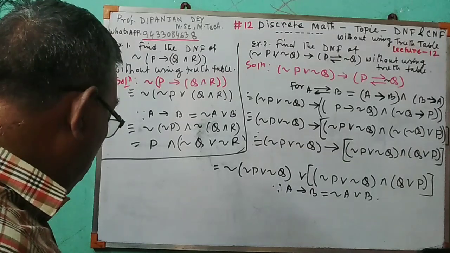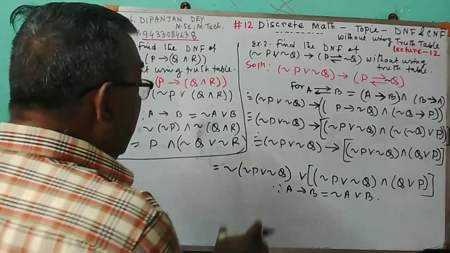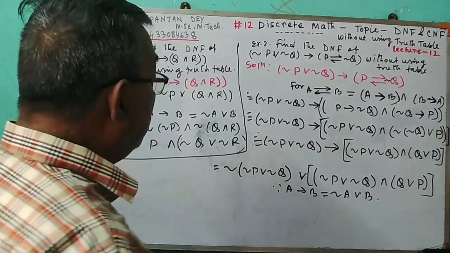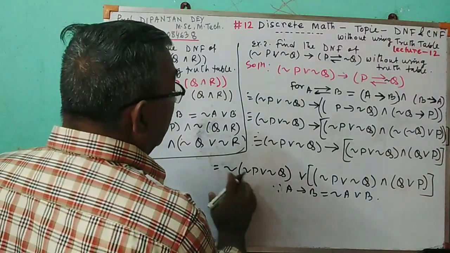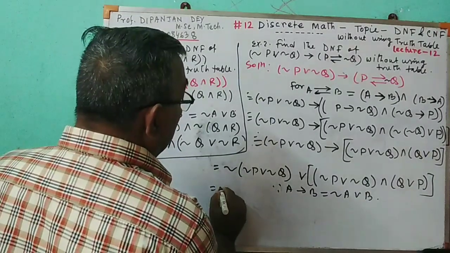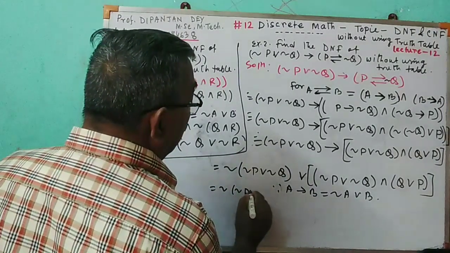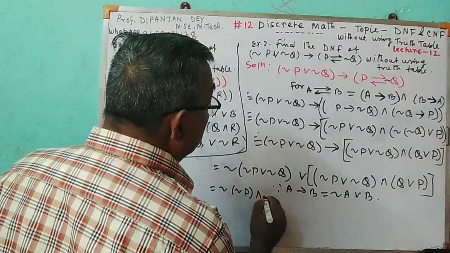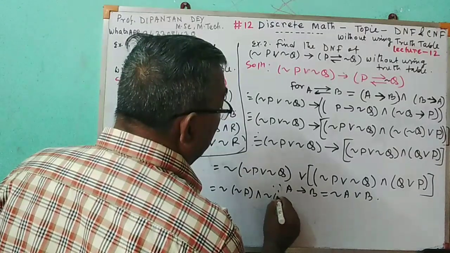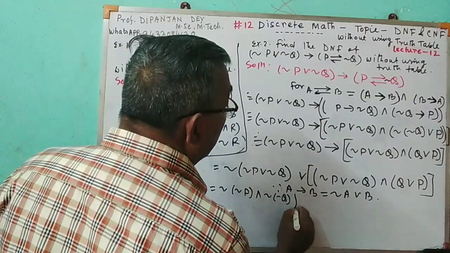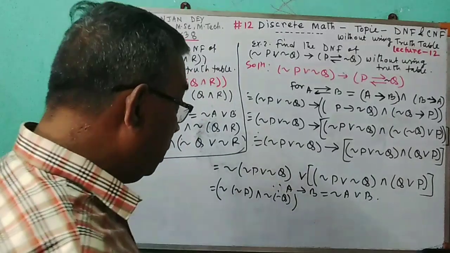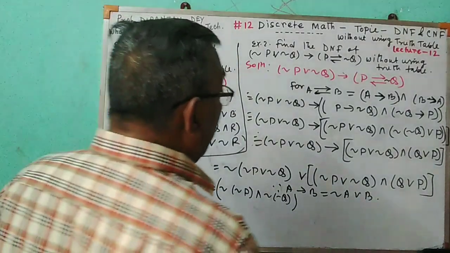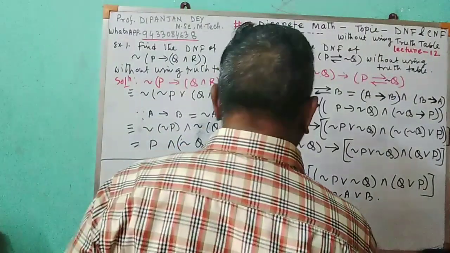Now here I'm applying De Morgan's law. What is De Morgan's law? We have done negation of this. So that is negation of negation P, and negation of disjunction should be conjunction, negation of negation Q. Here applying De Morgan's law, and this will be as it is.